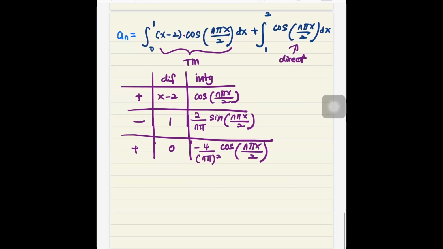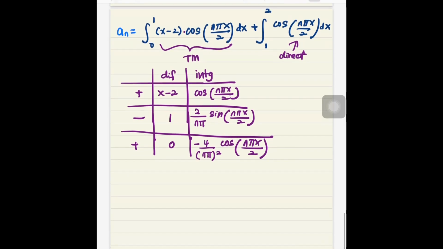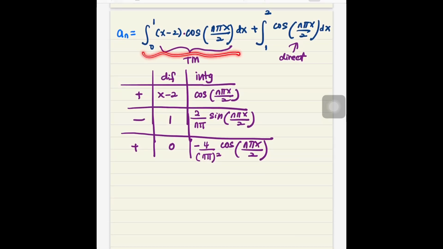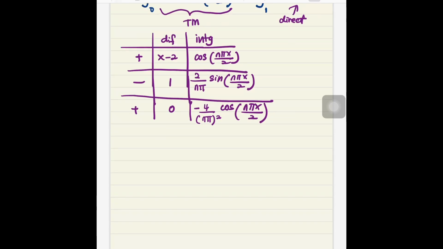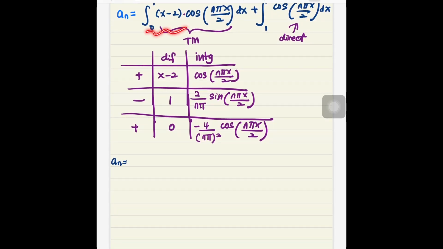Okay, so therefore, in this example I'm going to show you if I just combine the calculation for the first function and the second function, so that I will have it in this form. So your An is equal to, for the first function here, the integration part, we take the answer from the tabular method.